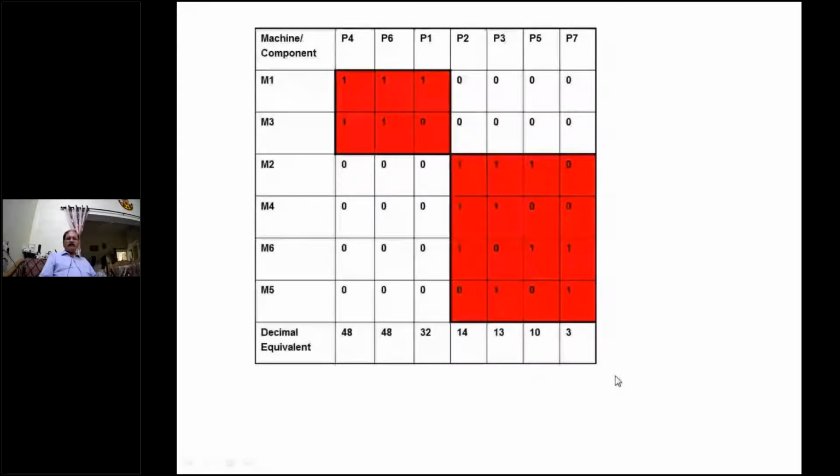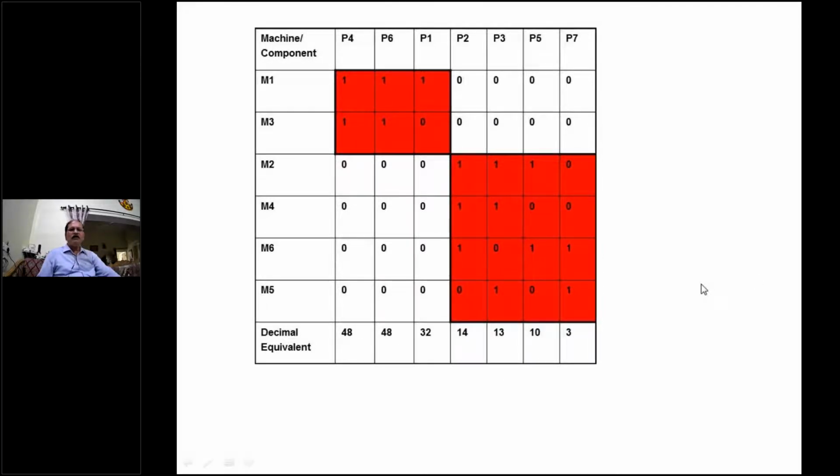So this is a way we can use rank order clustering to easily get the part families and the machine cells using production flow analysis or the information available in the route sheet that is converted into the part machine incidence matrix. Then using row ordering and column ordering, we can get the disjoint block diagonal structure in the matrix. These disjoint block diagonal structures build the part families and the machine cells.